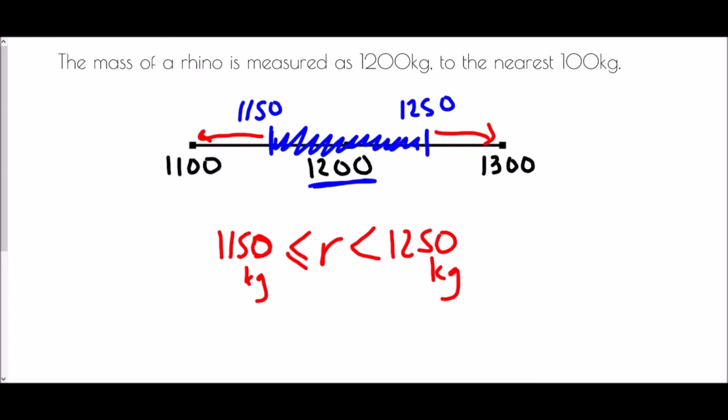But if I had a value of exactly 1250, that would round up to 1300, so I don't want to include that value, I just want to go all the way up to it. It's almost like saying 1249.9999999, on and on and on. But to make it easier, we just go with the nice round number of 1250.